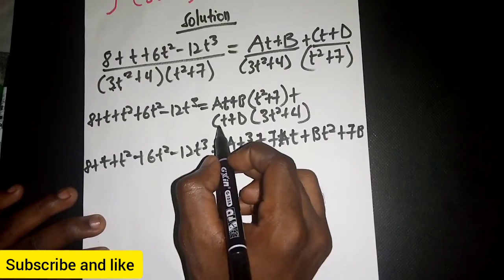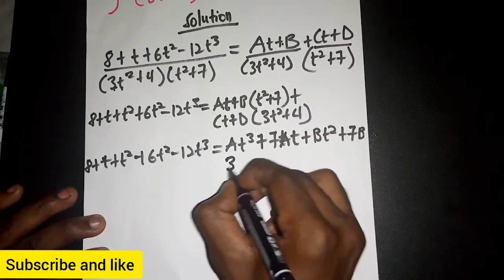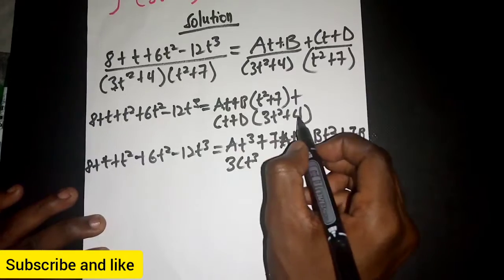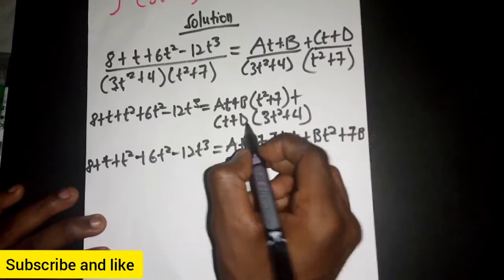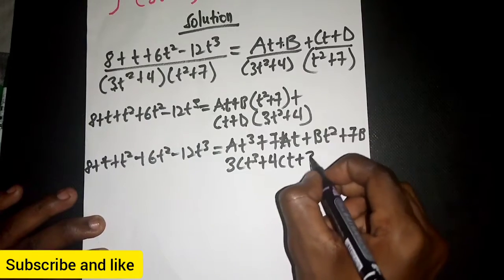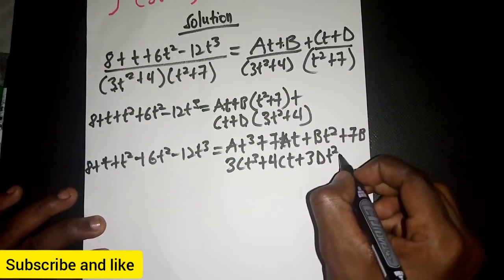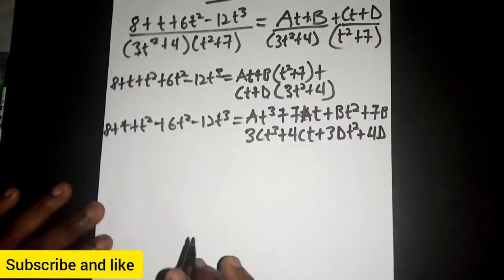Then over here we have ct multiplies 3t squared, then we have 3ct cubed. Ct multiplies 4 here, and we have 4ct. Then d multiplies that, we have 3dt squared, then we have 4d. Now this is what we have.